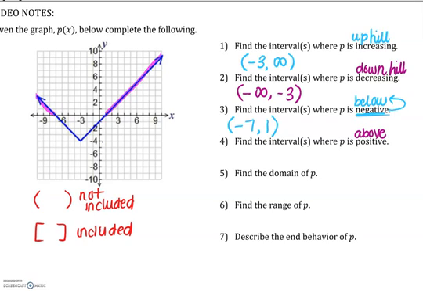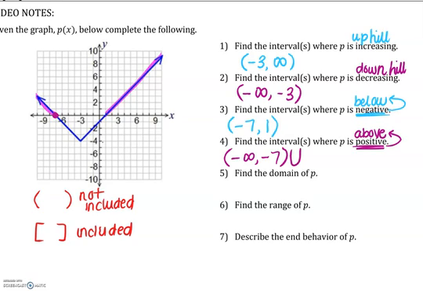If I look at the left, I'm going from the left arrow, which is at -infinity, to that x-intercept at -7. And then if I look at my point at -7, I have to ask myself, is that point positive? Is it above the x-axis? And the answer is no, it is not, because it's on the x-axis, so I'm going to use a parentheses.